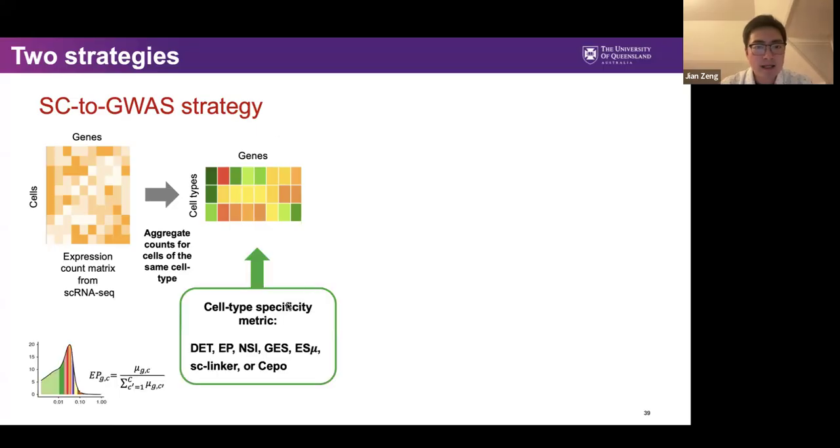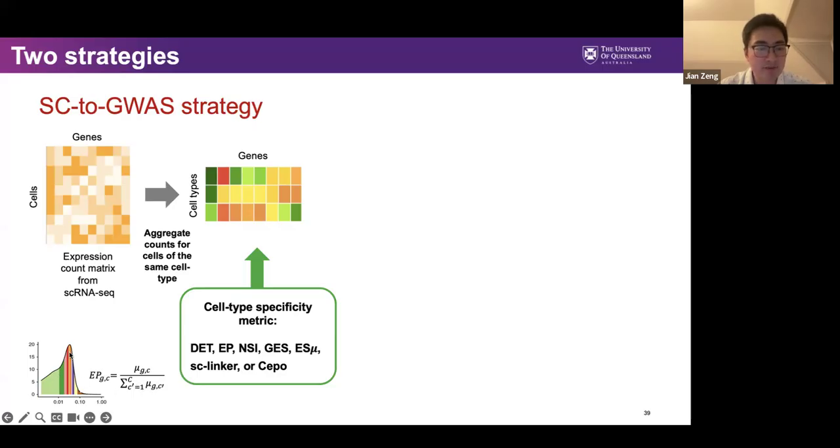And people apply a cell type specificity metric to come up with the genes that are specifically highly expressed in a particular cell type. And there are many metrics available. A common one is EP, expression proportion. Basically, you calculate the mean expression of the gene in a particular cell type relative to the sum of the mean expression across all cell types.